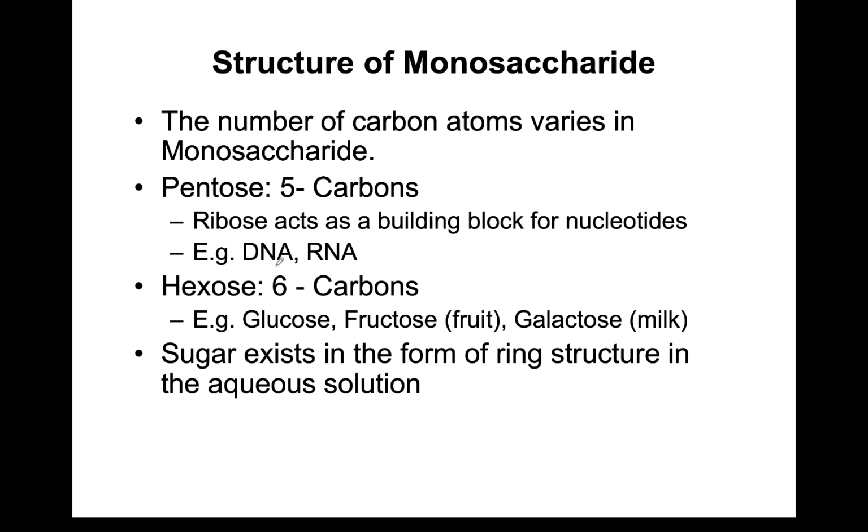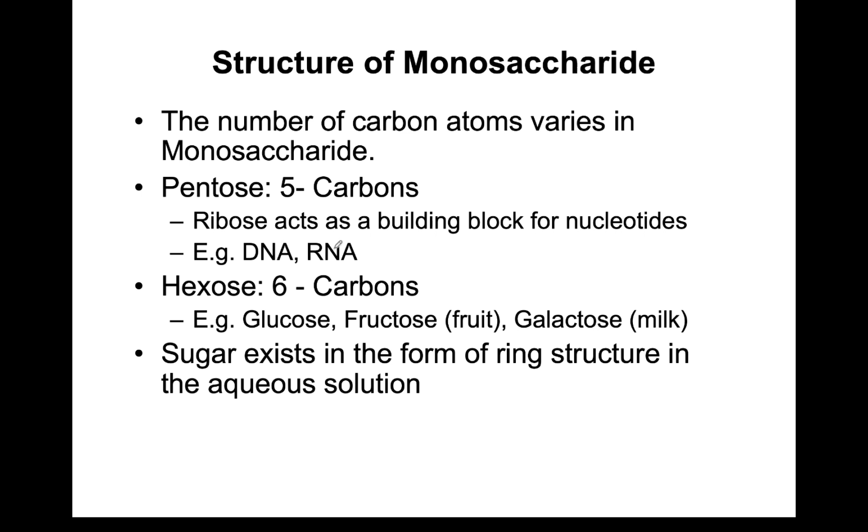An example is DNA and RNA. They have a sugar component, and the sugar component of DNA and RNA is a 5-carbon pentose. So ribose acts as a building block for nucleotides. There are 3 components required to form DNA and RNA, and 1 out of 3 components is a sugar, such as pentose, 5 carbon.